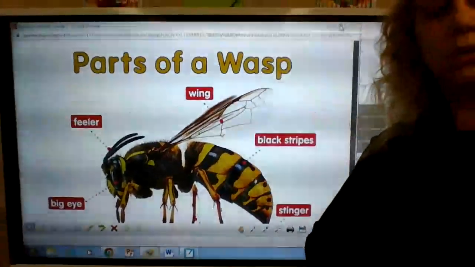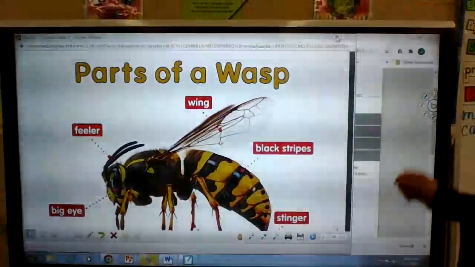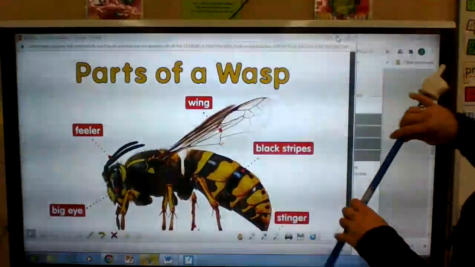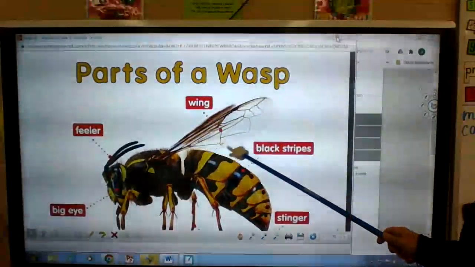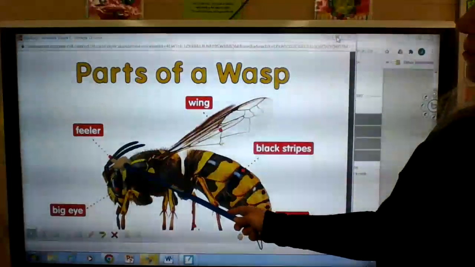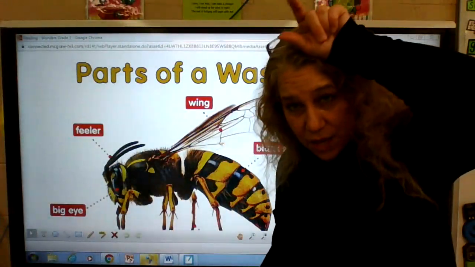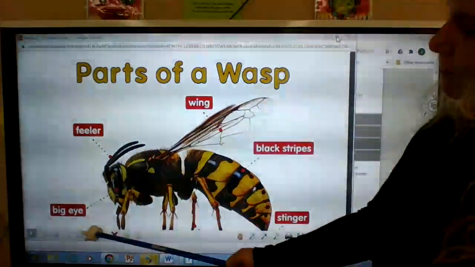Ooh. So a diagram is going to show us what the different body parts are. So we have here, it's pointing to his wing. This says feeler, and it's pointing to his little antennas, they feel with those. They can feel things. Feelers.